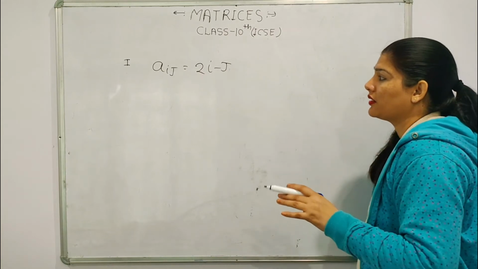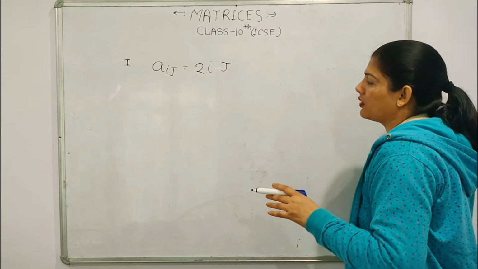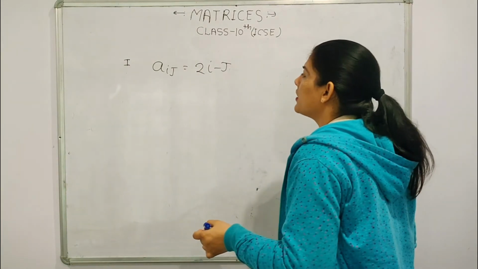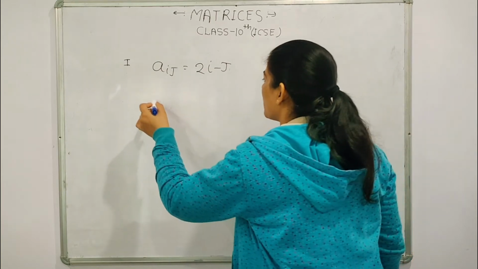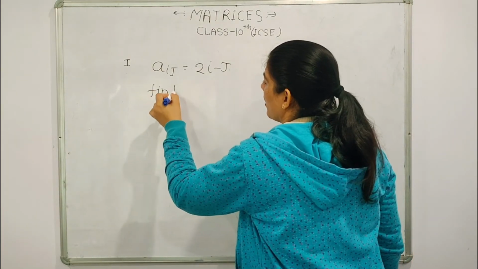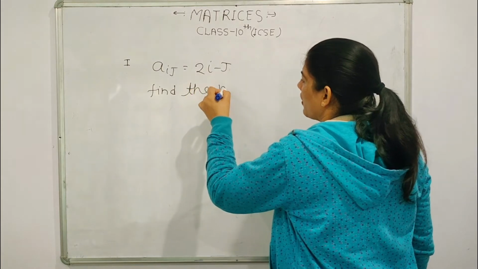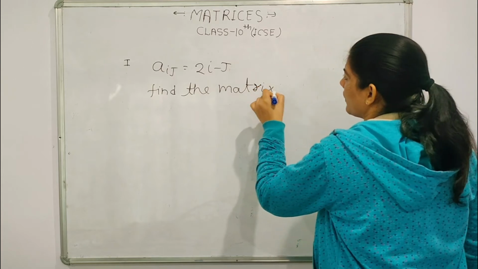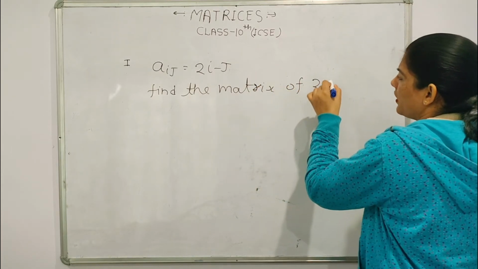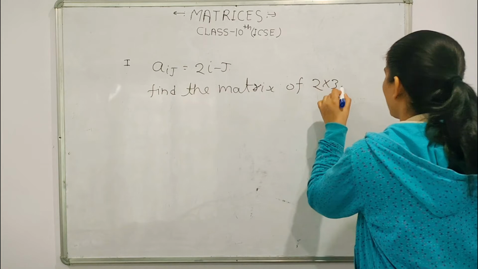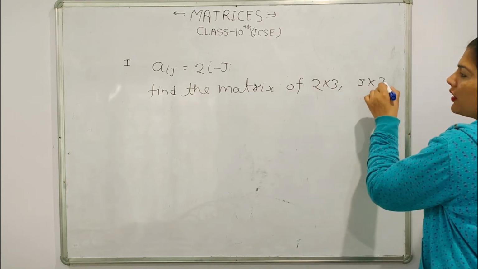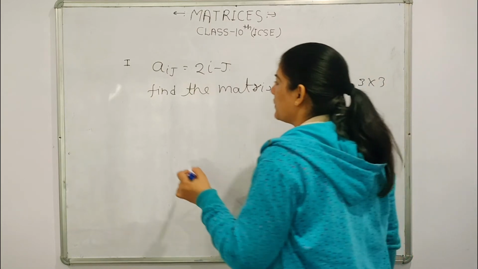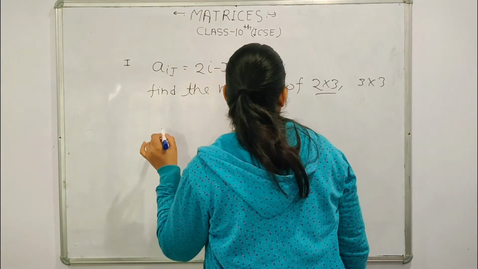And in this case, they can ask us to find the matrix of order 2 by 3 or 3 by 3, whatever. So first, suppose we are finding the matrix of order 2 by 3. Then how can we find it?